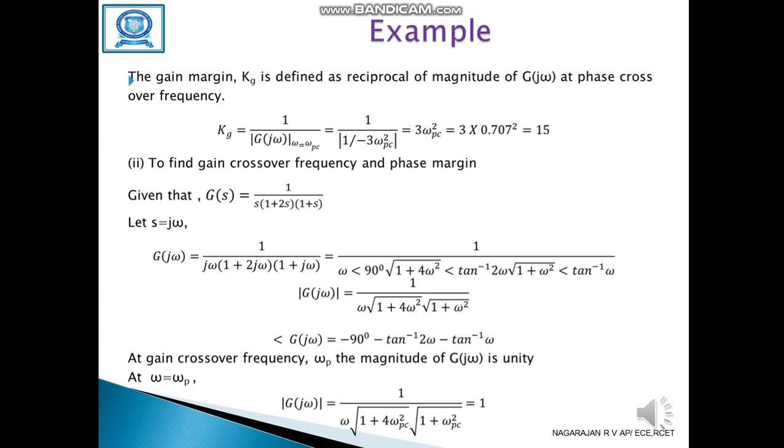Next, to find the gain crossover frequency and phase margin. G(s) equal to 1 by s(1 + 2s)(1 + s), substitute s equal to jω. Then find the angle, that is angle of G(jω) equal to minus 90 degree minus tan inverse of 2ω minus tan inverse of ω. So at the gain crossover frequency, modulus of G(jω) value will be 1.